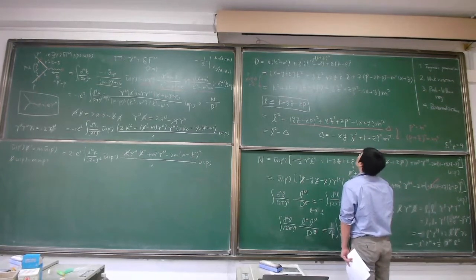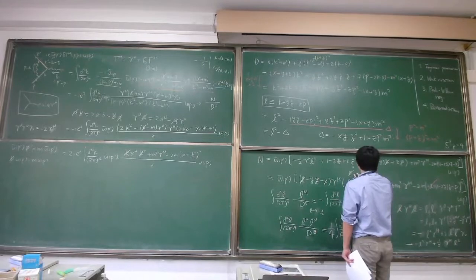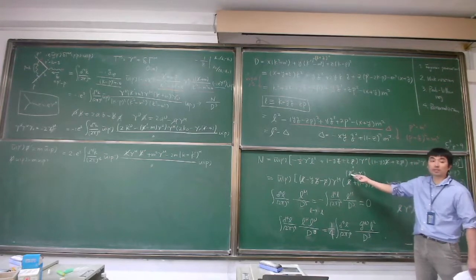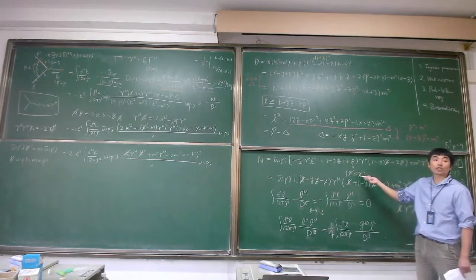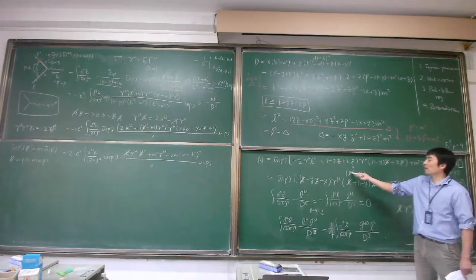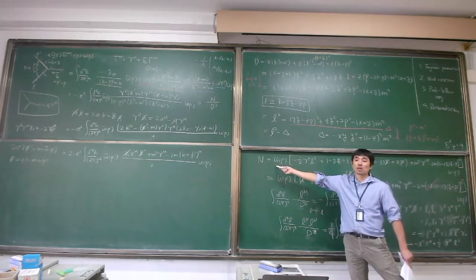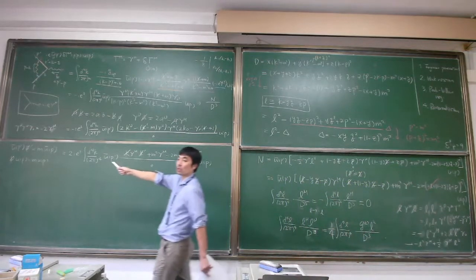Oh, sorry. q is equal to p minus p prime, so p slash here can be written as p prime slash minus q slash. And the p prime slash acting on u of p is equal to m, because of this equation of motion.